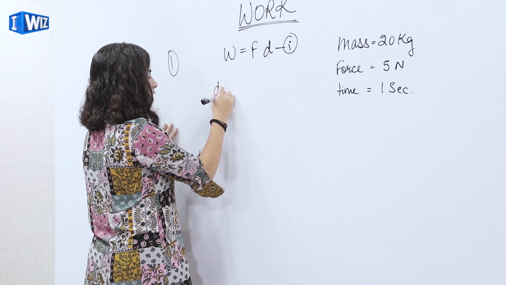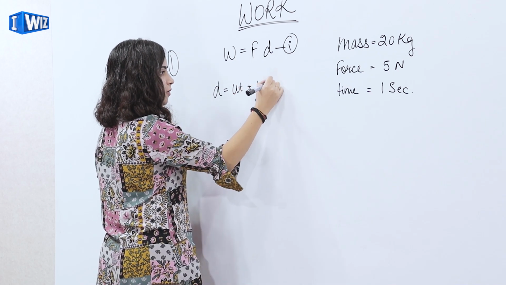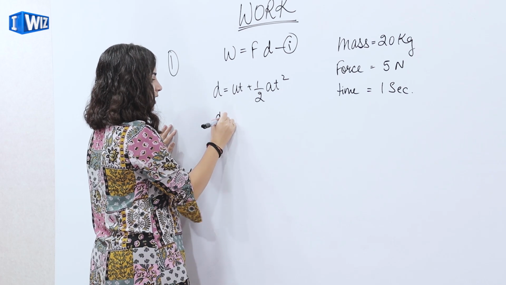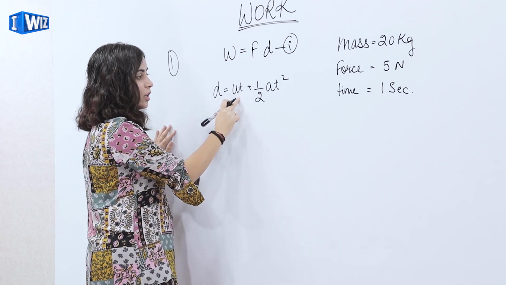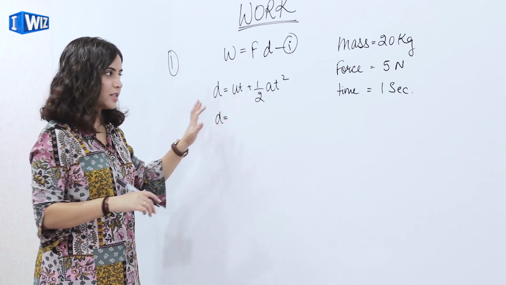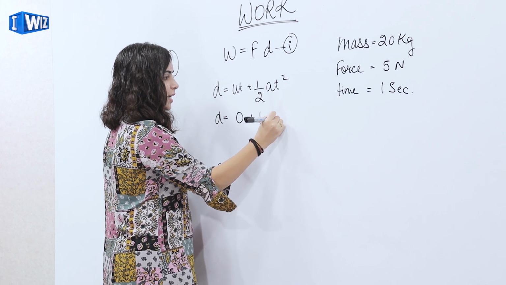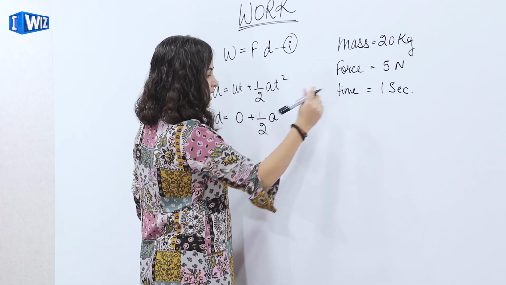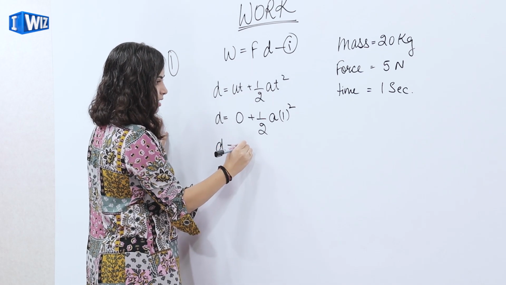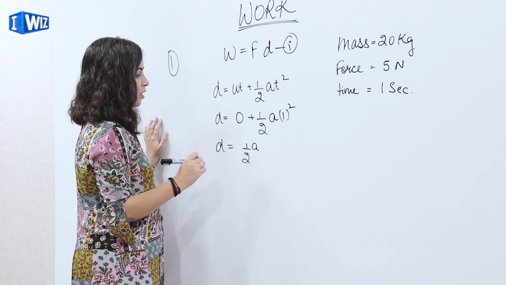We know displacement is equal to ut plus half at square. Initial velocity u is 0 because the object is at rest, so displacement is 0 plus half a, time is given 1 second. So I'll get distance is equal to half into a.